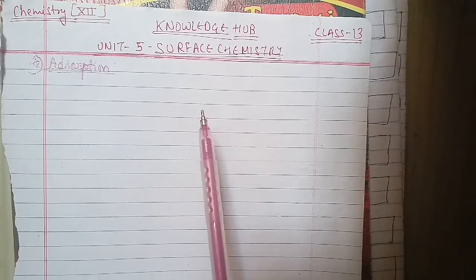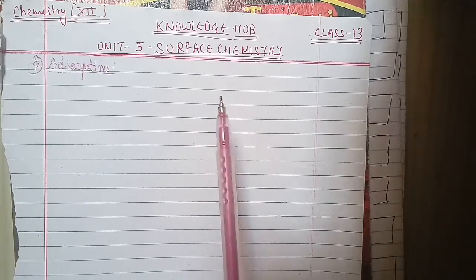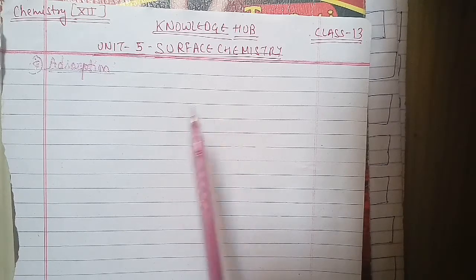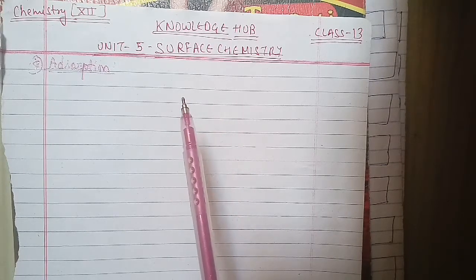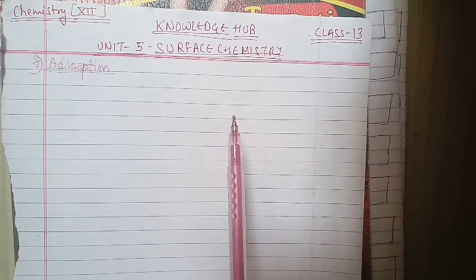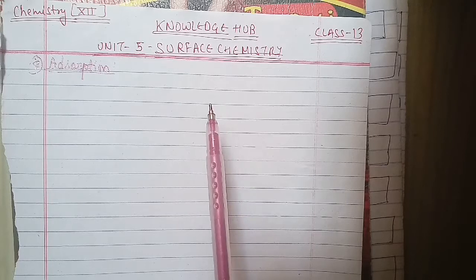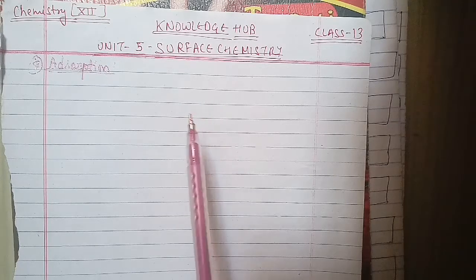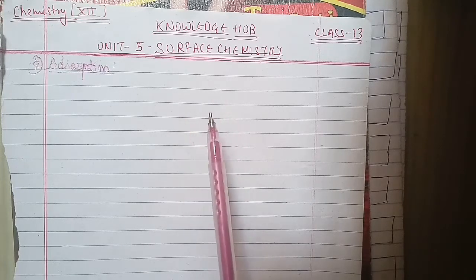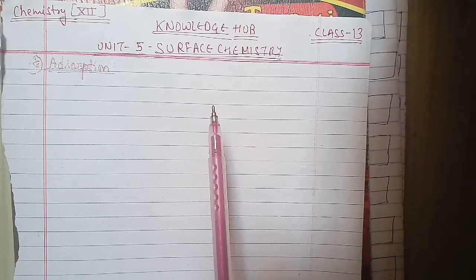The accumulation of molecular species at the surface rather than in the bulk of a solid or a liquid is termed adsorption. The molecular species or substance that concentrates or accumulates at a surface is termed the adsorbate, and the material on the surface of which adsorption takes place is called the adsorbent.